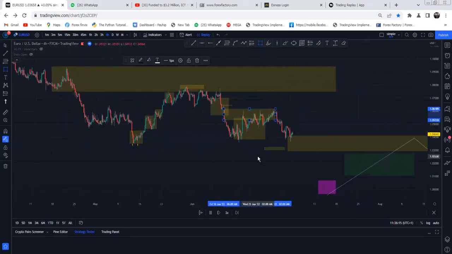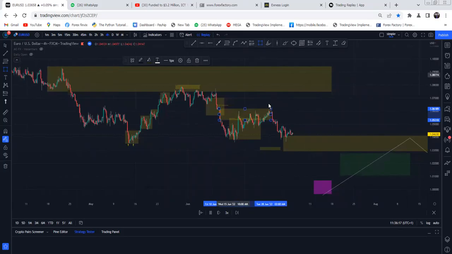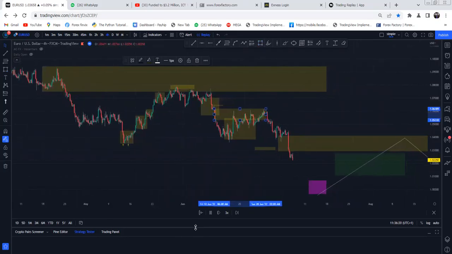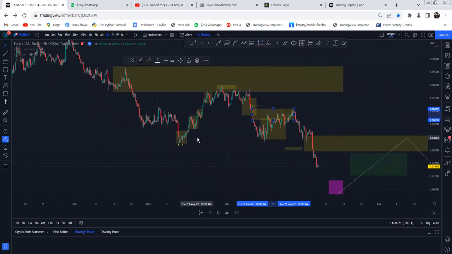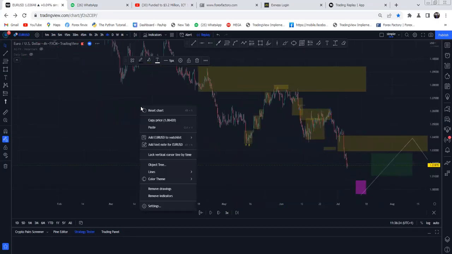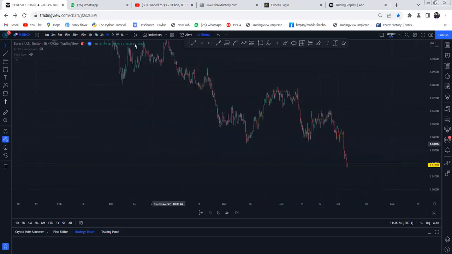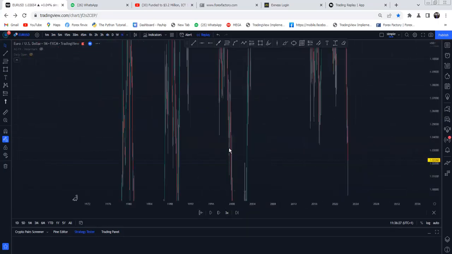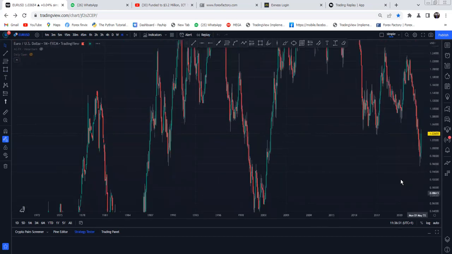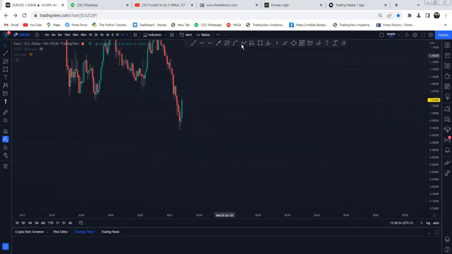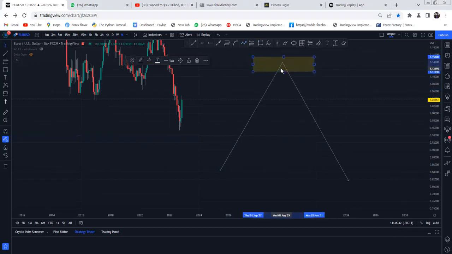You can spot this on any time frame. You just have to put the things that are necessary into consideration. Price should be leaving a support level, like I said. Here can be a bearish order block or a support level.